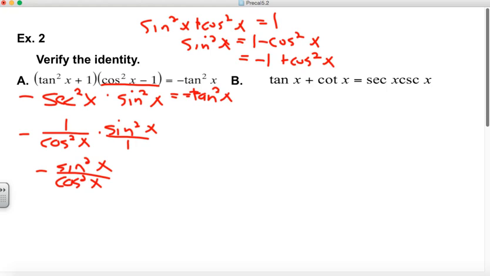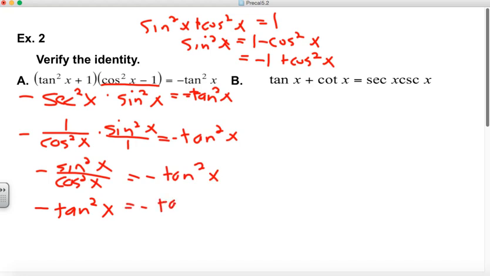Tangent is sine over cosine, so we can change that to be tangent squared x. So now I've confirmed that the side equals negative tangent squared x. And that's kind of a good way to do it, is to just continue that right side all the way down, change all the stuff on the left side like I did, to where at the end you get one thing equals another. You can just say, all right, check mark, I got it.